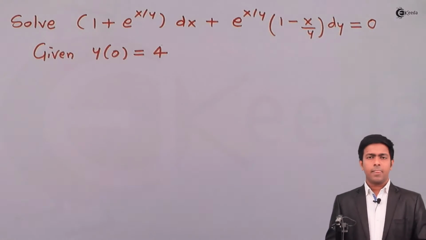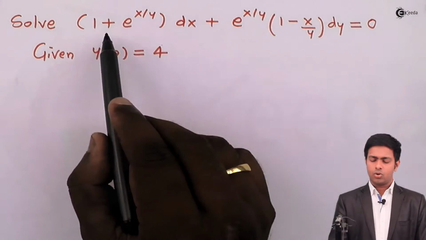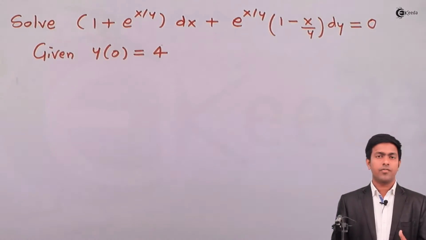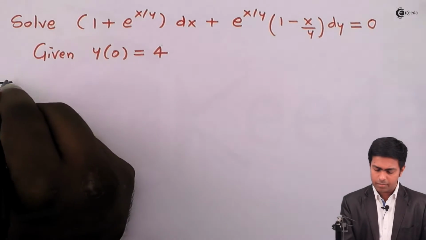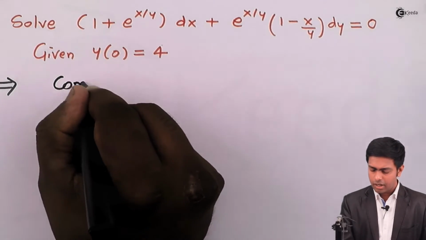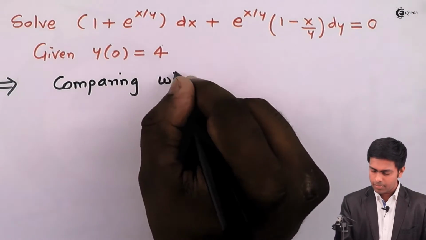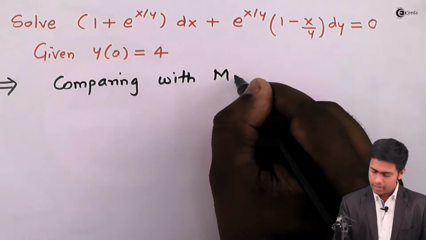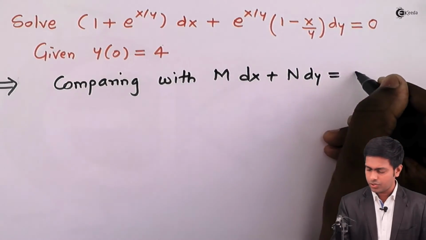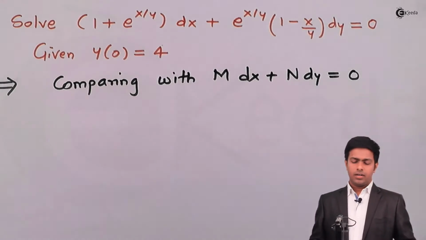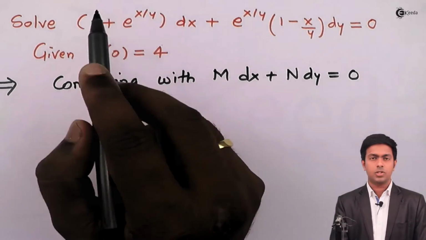So guys, let's start. Here, if you see the equation, I can compare this equation with the form M dx plus N dy equal to 0. So I'll start my solution by that. Here I'll say, comparing with M dx plus N dy equal to 0, we can say that the value of M is this bracket.